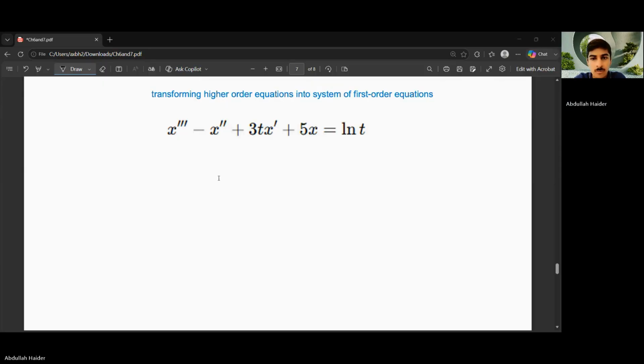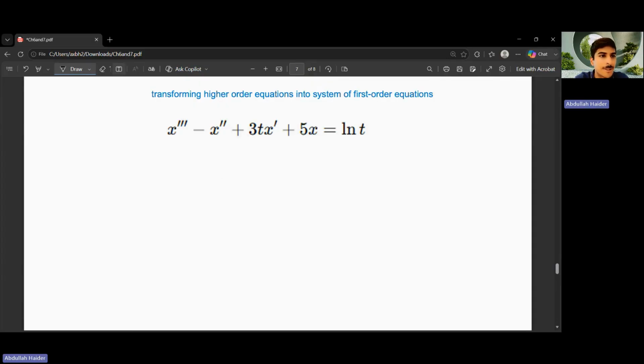So how to do this question? You first identify what is the highest order. So you have x prime, x double prime, x triple prime. X triple prime means the highest order is 3. Why? Because you have x triple prime. This means that you will have to find x1, x2, and x3.